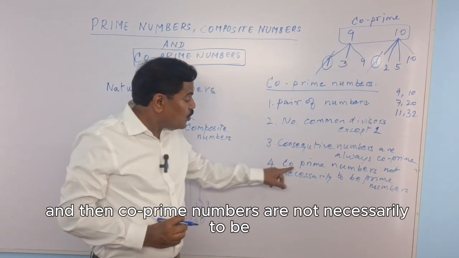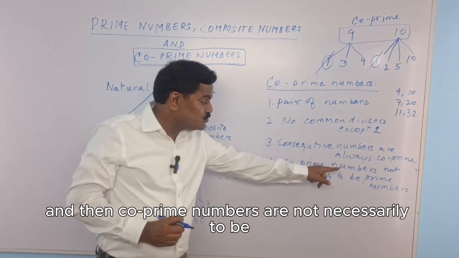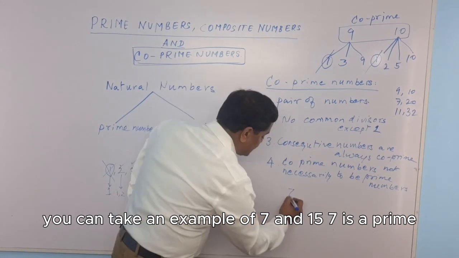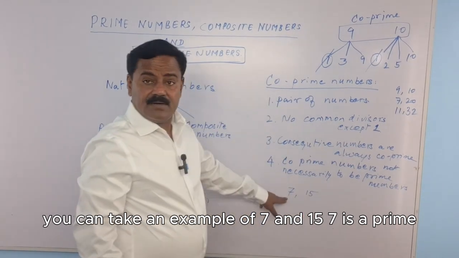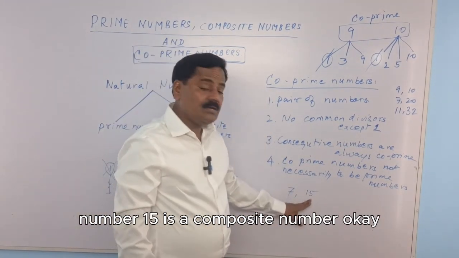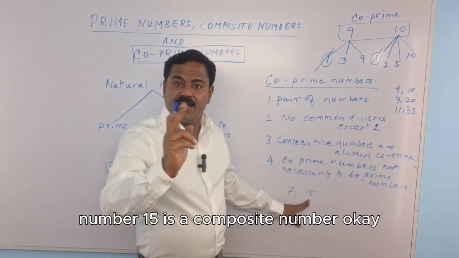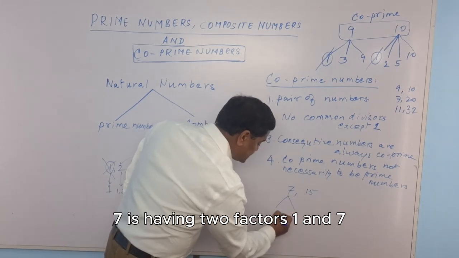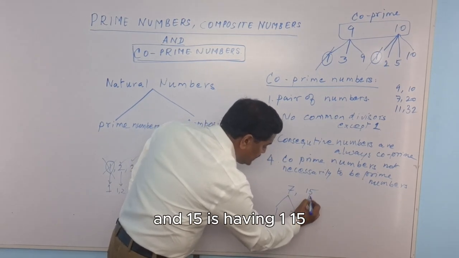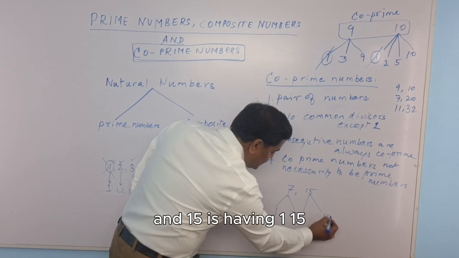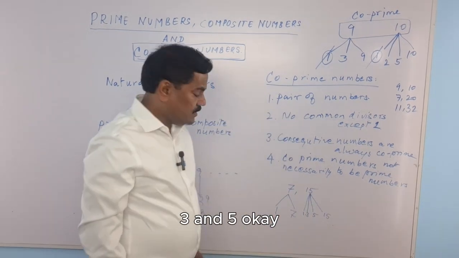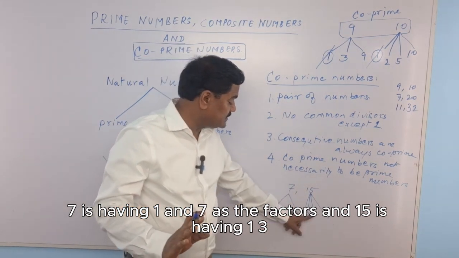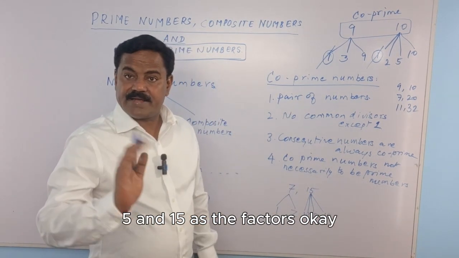And co-prime numbers are not necessarily prime numbers. You can take an example of 7 and 15. 7 is a prime number, 15 is a composite number. Let us check the factors of 7 and 15. 7 has two factors, 1 and 7, and 15 has 1, 3, 5 and 15 as factors.